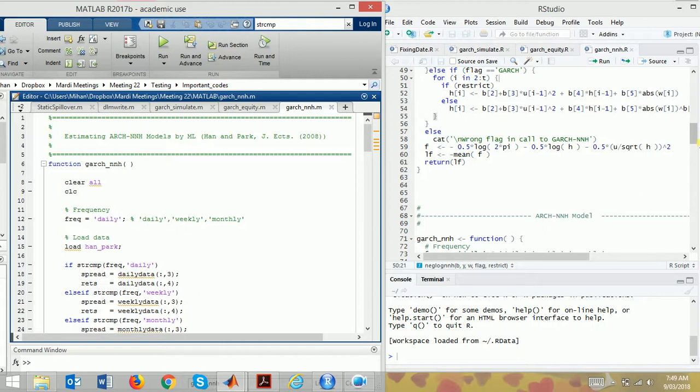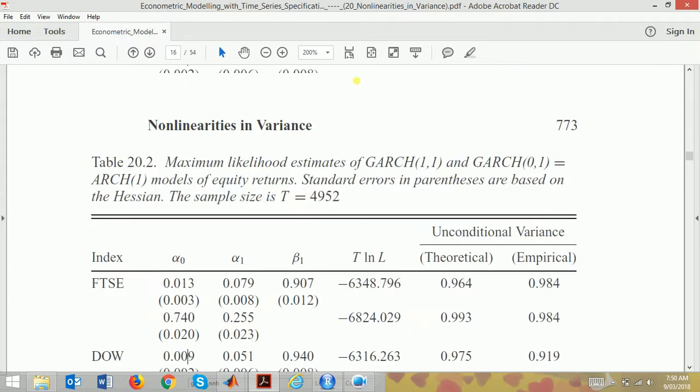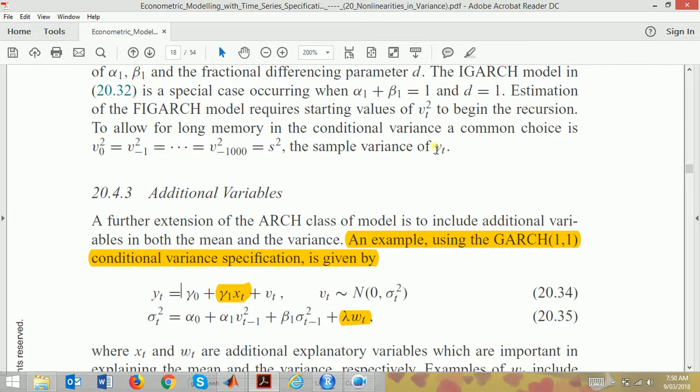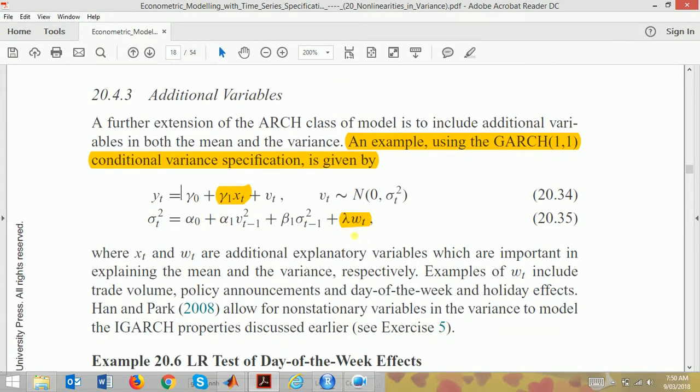So let's see how this program works. One more time, I'm going to quickly talk about what is expected to be learned from this particular program. We are not learning only FIGARCH here, but also an additional variable, which is lambda omega t. And omega t can be included as any of the shocks. What do we do in GARCH? In GARCH we see how long a shock will persist in the variance of any variable, right?